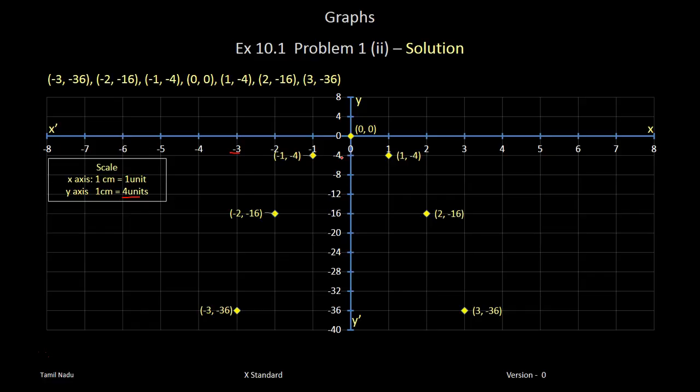So 0, minus 4, minus 8, minus 12, minus 16, up to minus 40 I have done, because our value extends only up to minus 36 on the y side, right? So the y-axis extends from 0 to minus 40 on the negative side and 0 to 8 on the positive side. The x-axis extends from 0 to 8 on the positive side and 0 to minus 8 on the negative side.